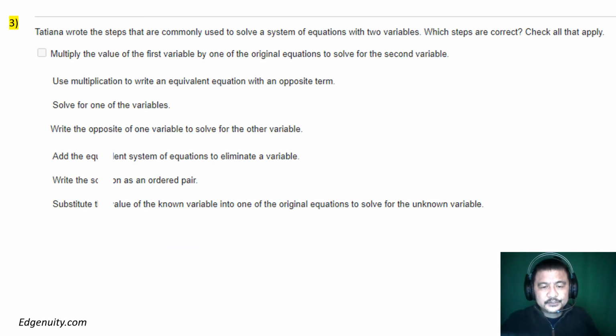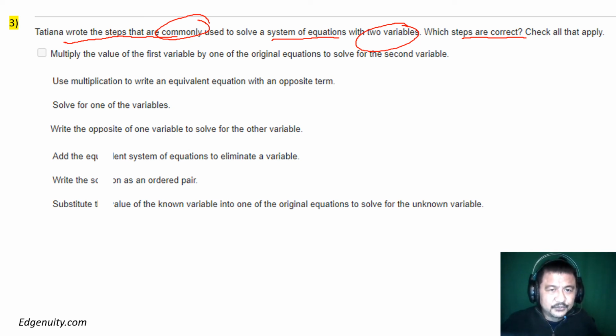Now, this question is like a summary of what we've been doing so far. What are the steps commonly used to solve systems of equations with two variables? Which steps are correct? Number one, substitute the value of the first variable into one of the original equations to solve for the second variable, right?